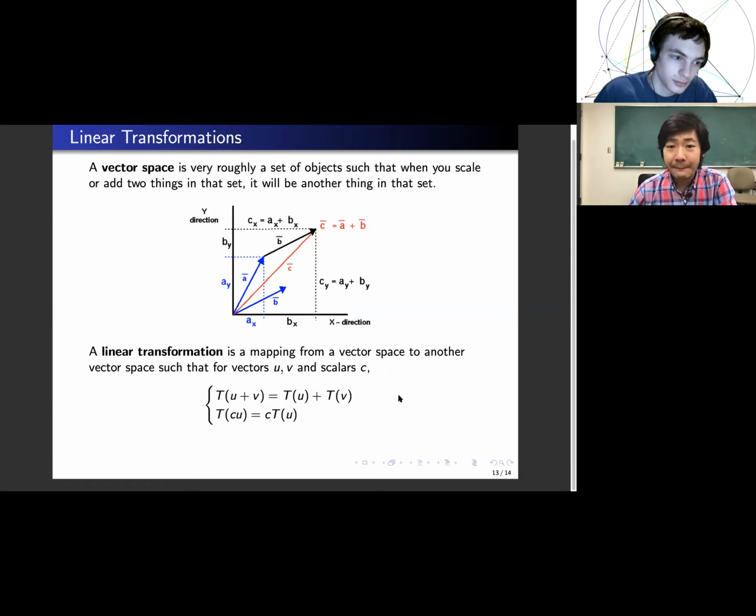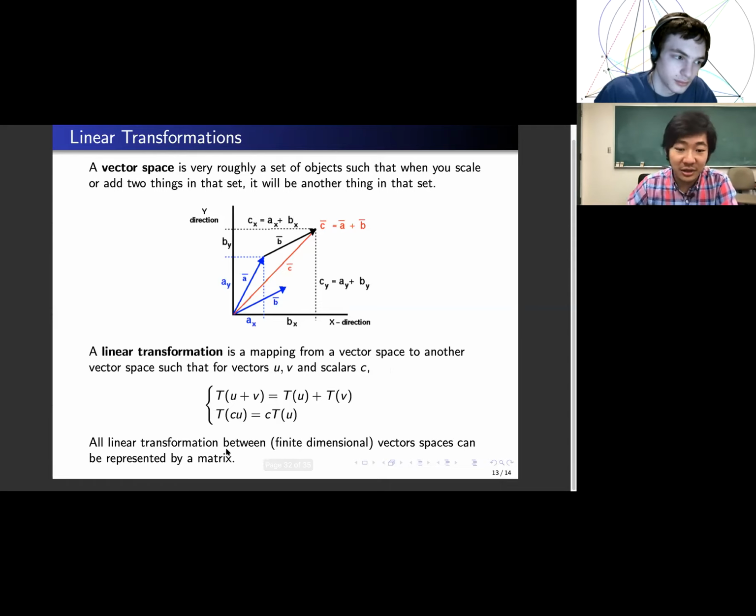And so the big thing with linear transformations and matrices is that all linear transformations between finite dimensional vector spaces can be represented by a matrix. So don't worry too much about the word finite dimensional here. Just that linear transformations and matrices are related because all linear transformations can be represented by a matrix.